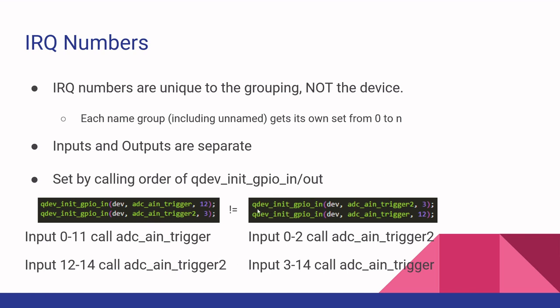This is completely different than if we were to do it the other way around, where we have the 3 on top, because then 0 through 2 calls the trigger 2 function, and 3 through 14 calls the trigger 1 function. So keep that in mind when you're programming.